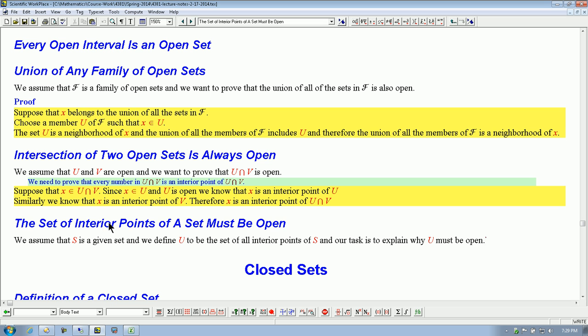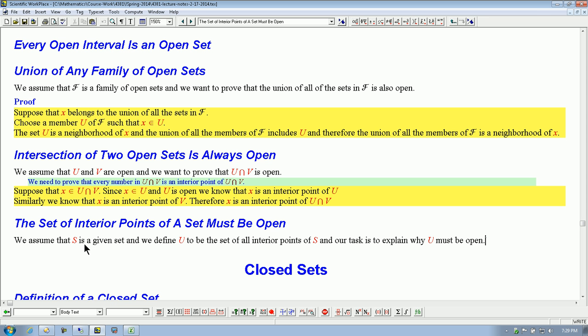Read this. The set of interior points of a set must be open. We are assuming that S is any given set. Is S an interval? Not necessarily. Is S this kind or that kind? Or I know nothing about S. You see?